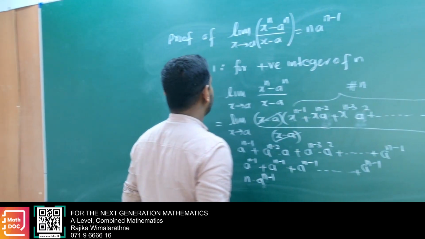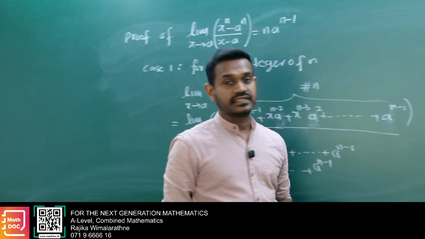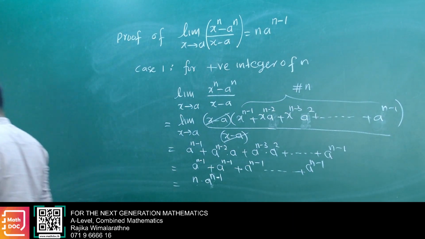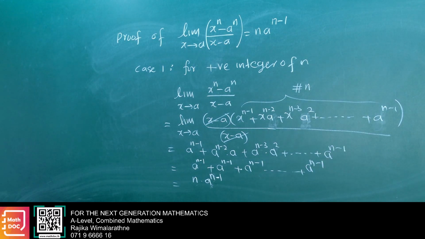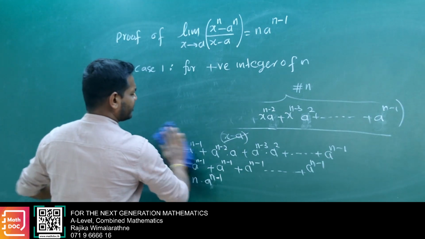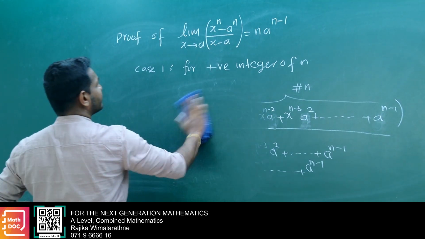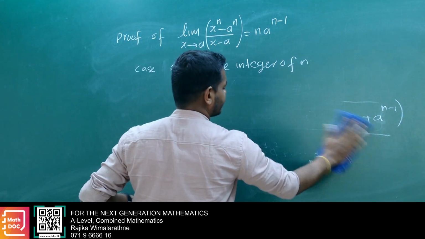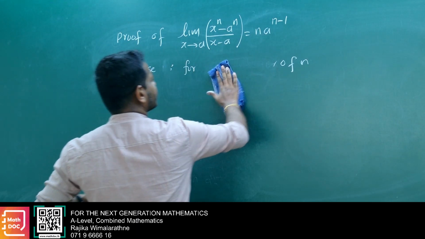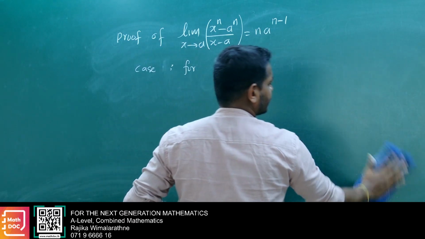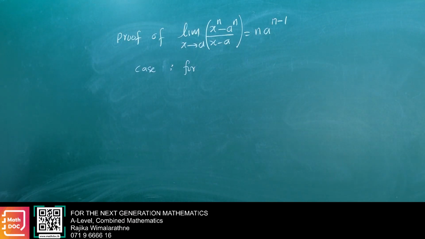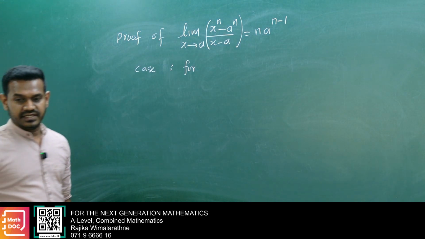Now let's move to the rational type, rational number. See this one clearly.